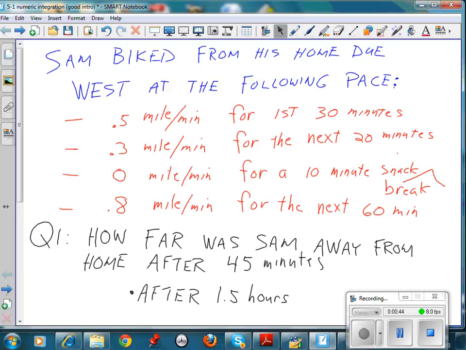Then after the first 30 minutes, he slows down a bit and goes 0.3 miles per minute for the next 20 minutes. Then he stops for 10 minutes for a snack break. After his break, he comes out raring to go, pedaling faster at 0.8 miles per minute for the next 60 minutes.